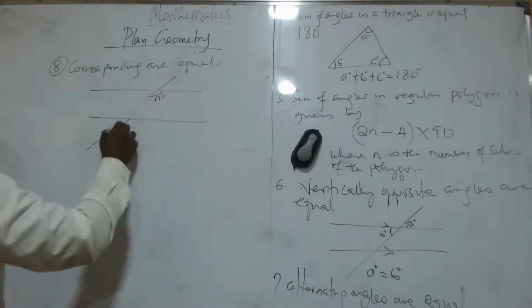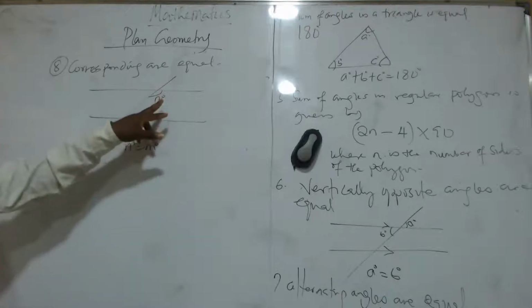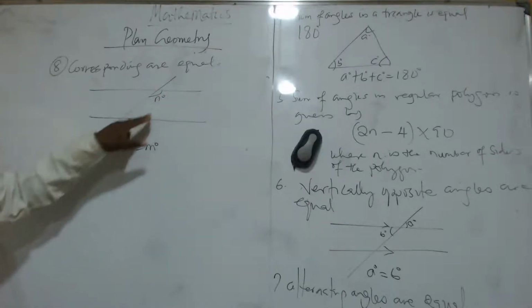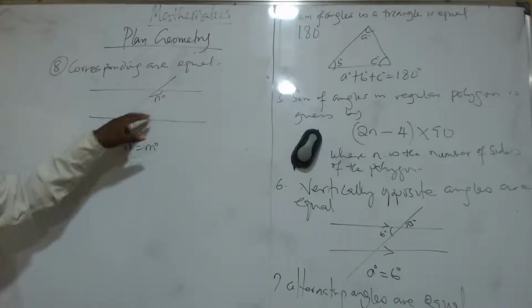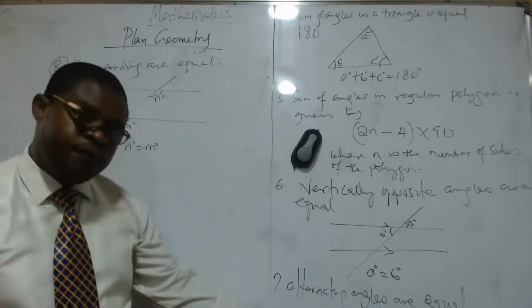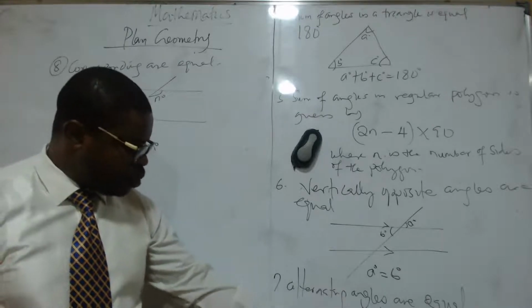In the case of the corresponding angle, both angles are facing the same direction. While that of the alternating angle, they are opposite to each other.